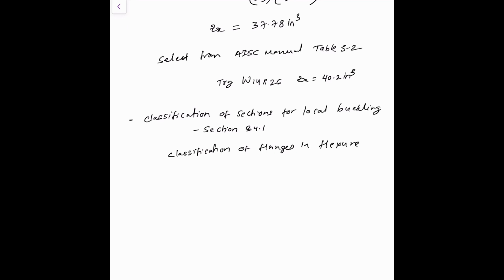Classification of flanges in flexure is in Table B4.1b of the AISC Manual, case 10. When you go to this section, you can see that.